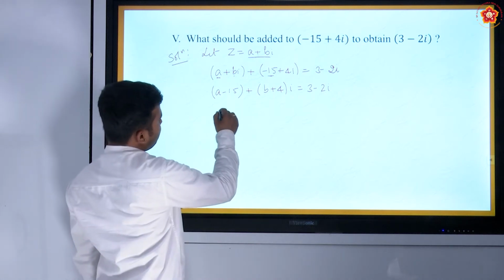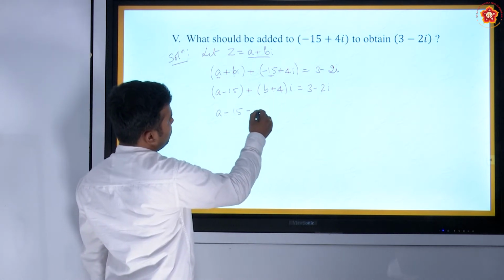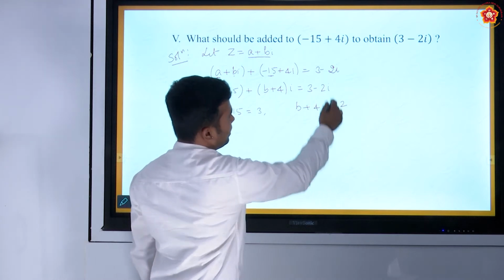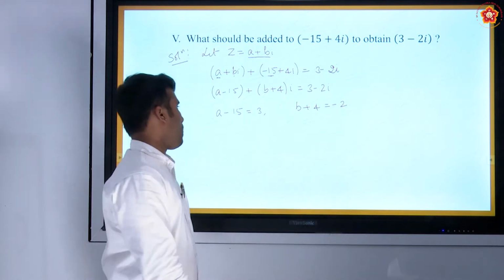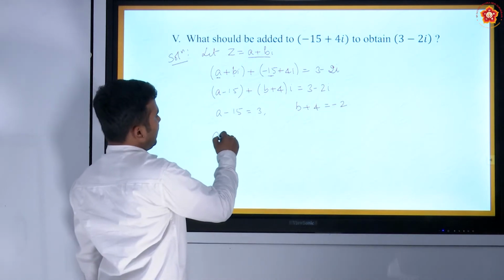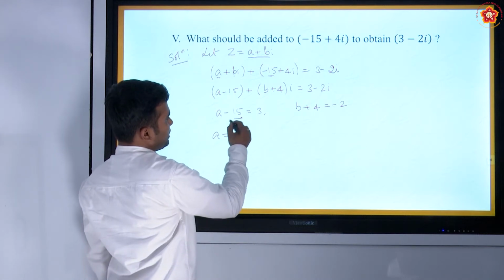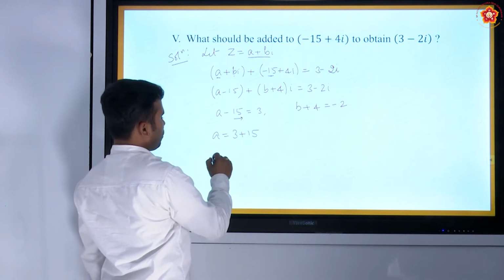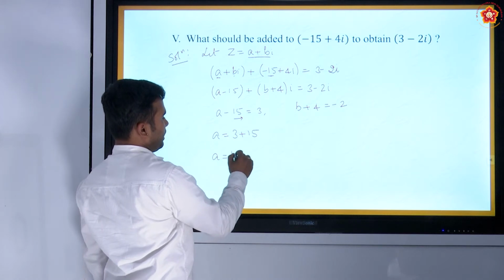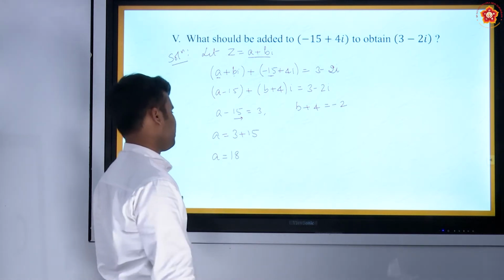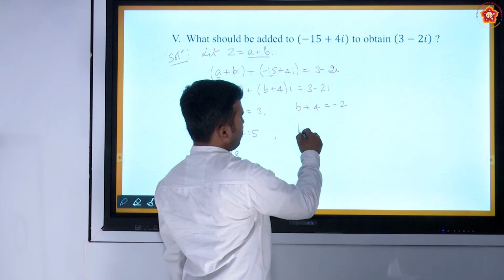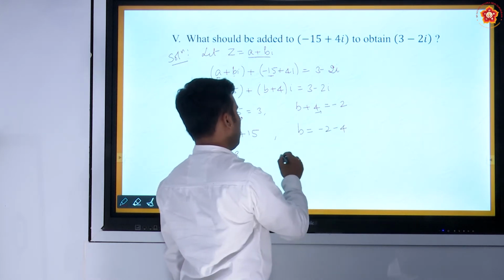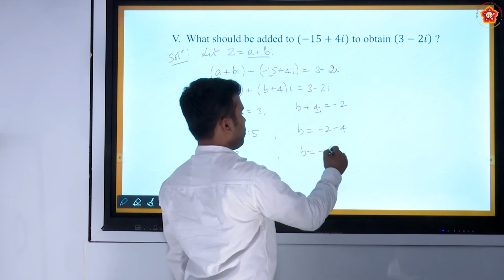So a minus 15 is equal to 3 and b plus 4 is equal to minus 2. Here the imaginary part is minus 2. Then a is equal to 3 plus 15, so a is 18. Next, b is equal to minus 2 minus 4.